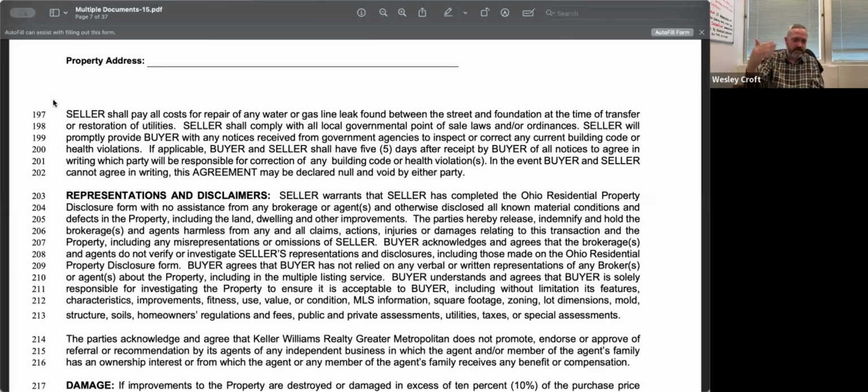If the water line breaks in the middle of your front yard, or the gas line has a leak in the middle of your front yard, you are on the hook to pay for that as the owner of the property. What this is saying is, for example, if utility transfer happens on the day of closing and it's determined that there's a leak, the seller is on the hook to repair it.